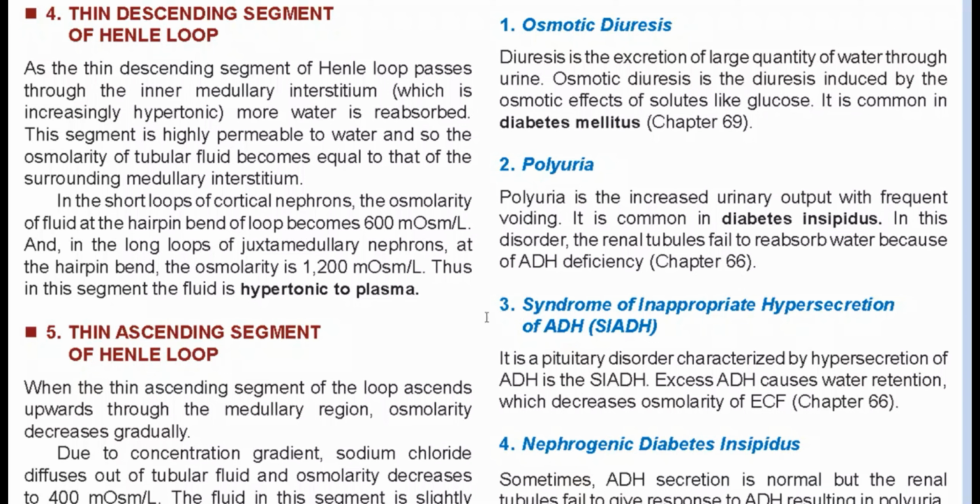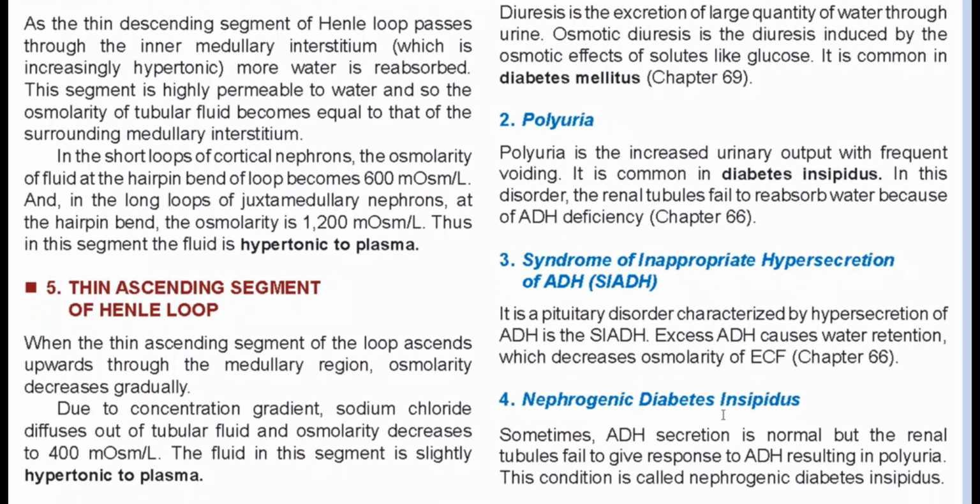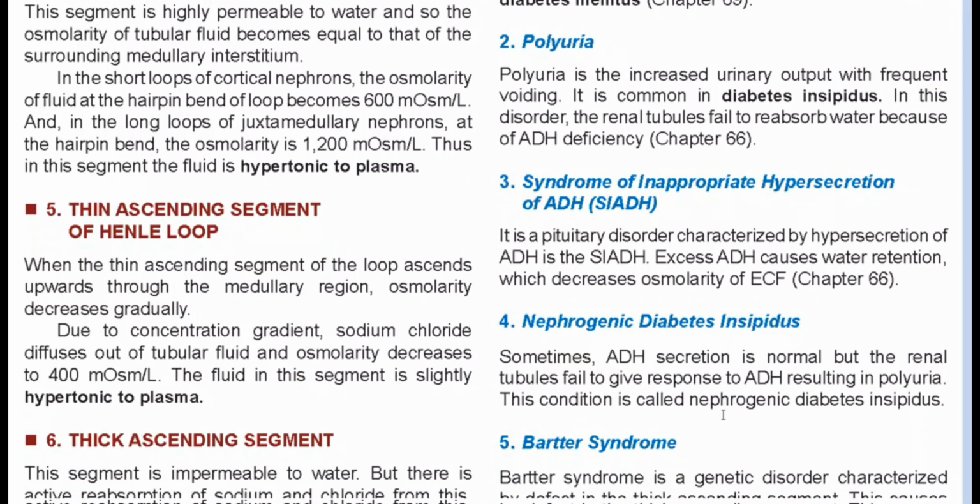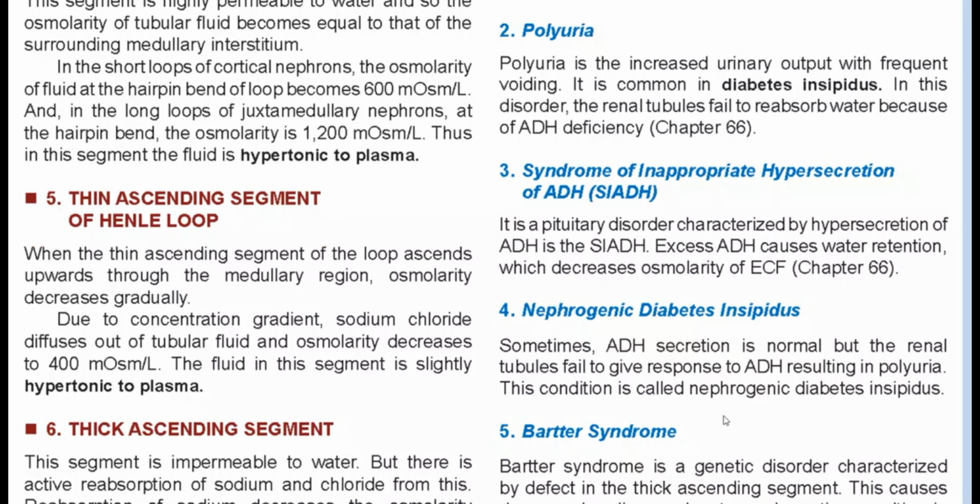Number three is the syndrome of inappropriate hypersecretion of ADH, or SIADH. It is a pituitary disorder characterized by hypersecretion of ADH, and excess ADH causes water retention, which decreases the osmolarity of the ECF, extracellular fluid. And number four, nephrogenic diabetes insipidus. The condition is found when the renal tubule fails to respond to ADH, resulting in polyuria.